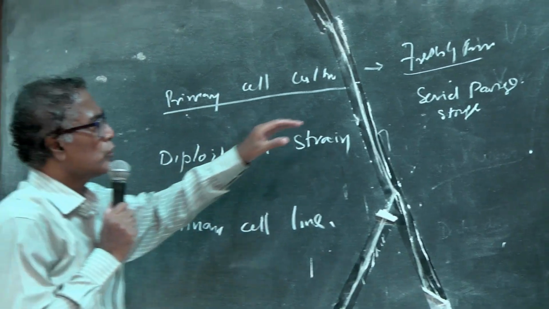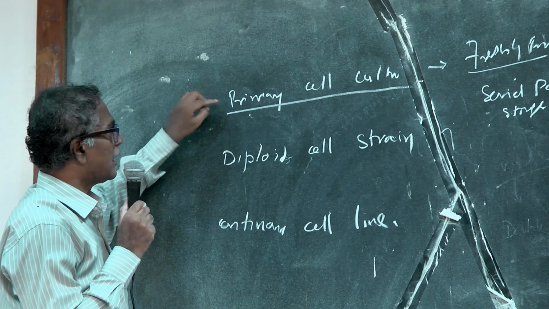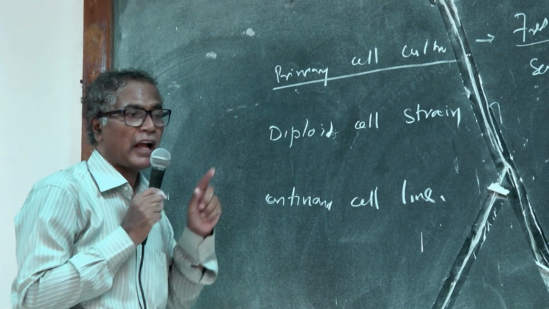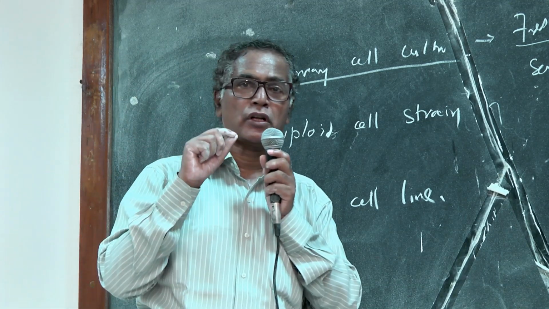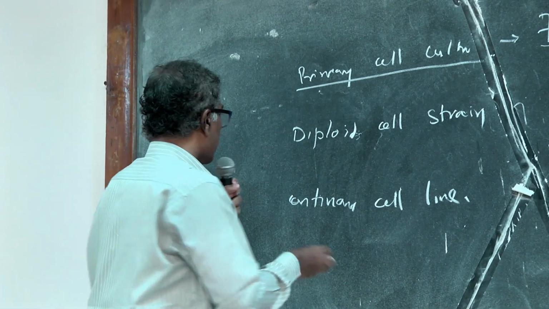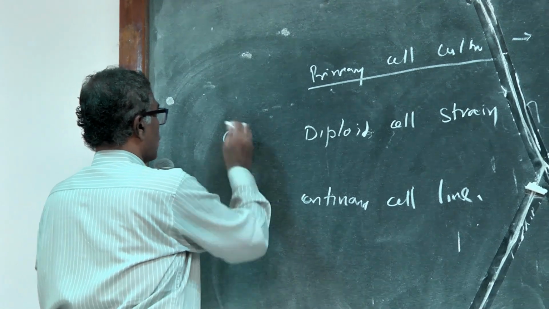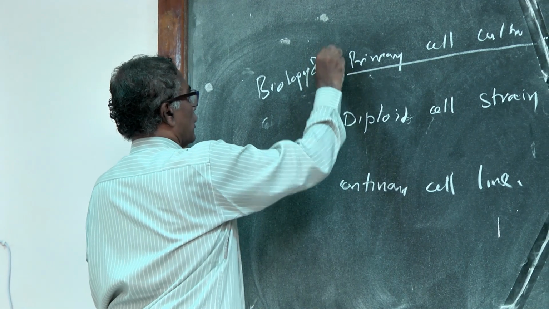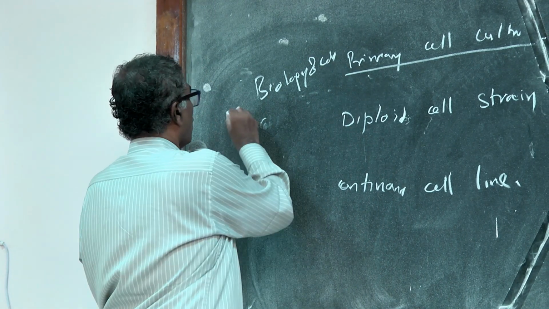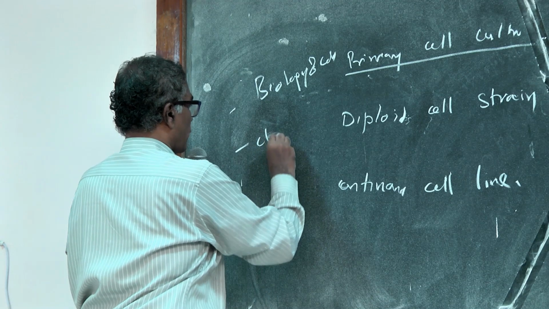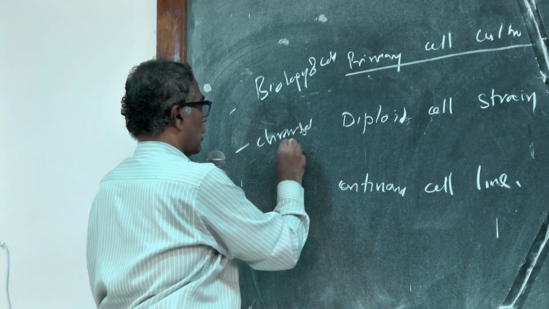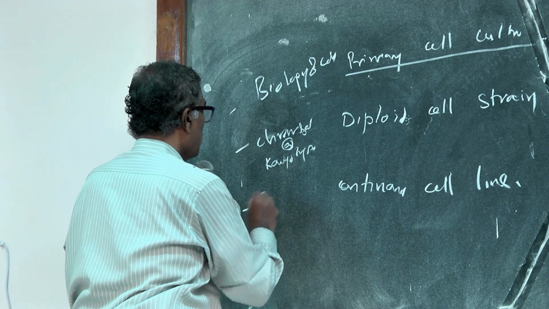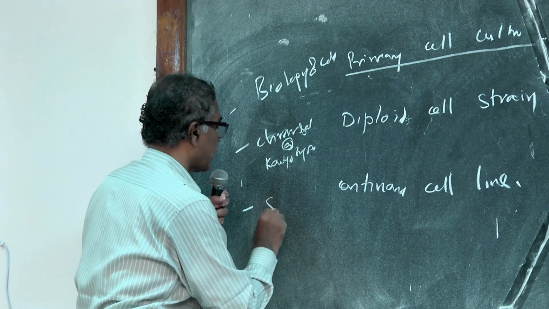To understand better, this classification into primary cell cultures, diploid cell strains and continuous cell lines has been made based upon the biology of the cells, normal cells or cancer cells, the chromosomal pattern or karyotyping, and permission for serial passage.